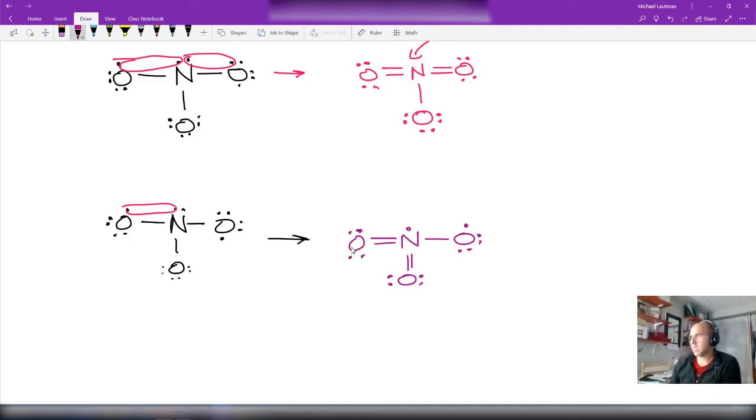Now, this is maybe a little bit better. We're not sure yet, because if we look at this, this one has an incomplete octet. And this one has too many electrons still. Right? This one has 9 electrons in its octet, and this one only has 7.